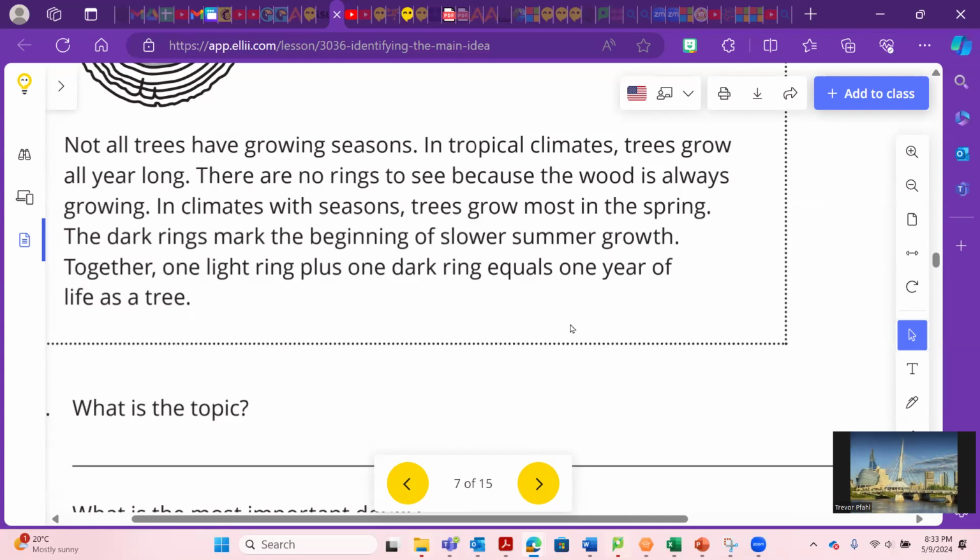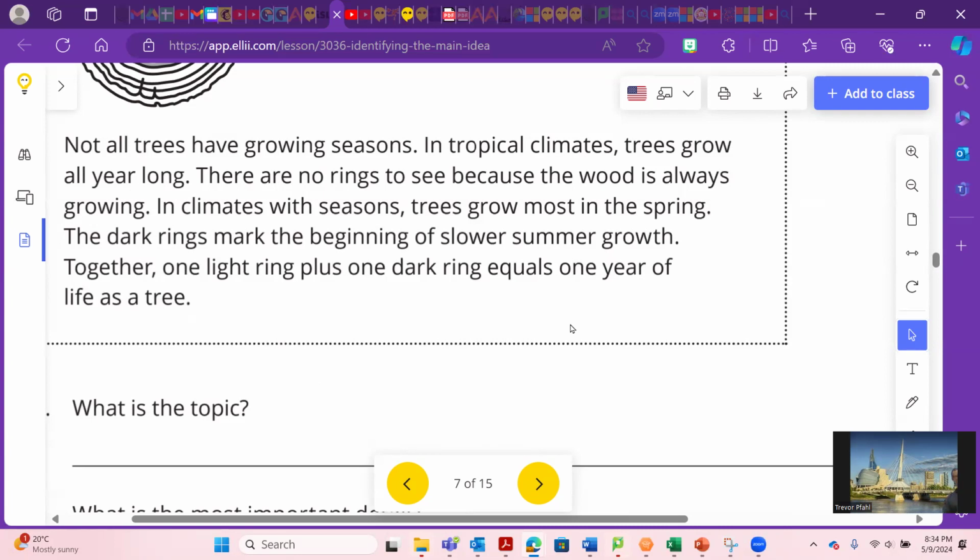This paragraph is a little bit different. So growing season. Something about growing season related to trees. So it's not the life cycle of elephants or animals or humans, but it's the tree growing season.